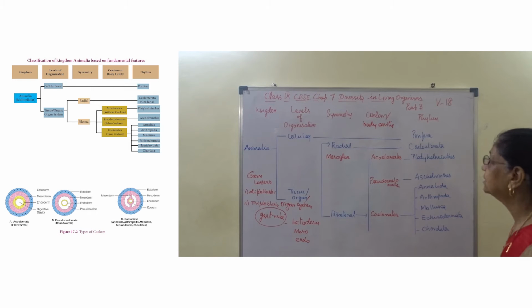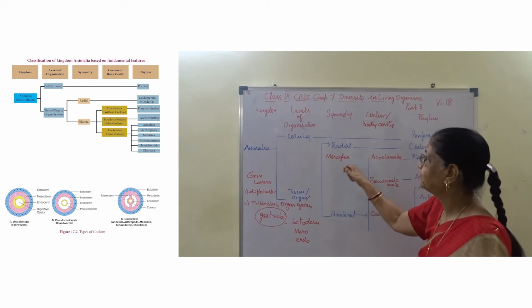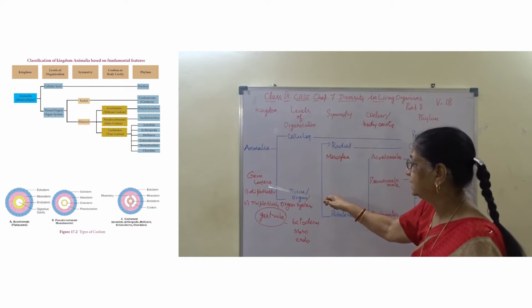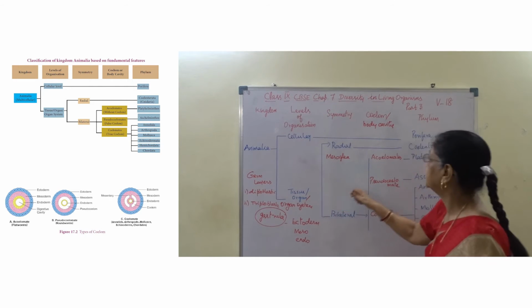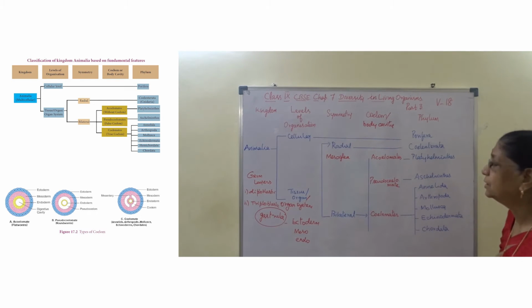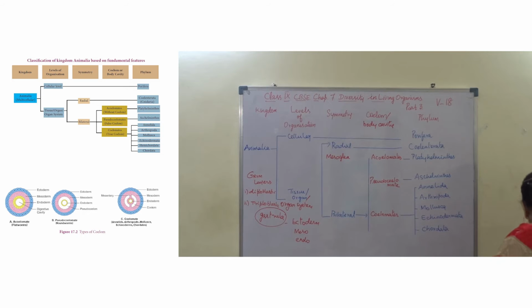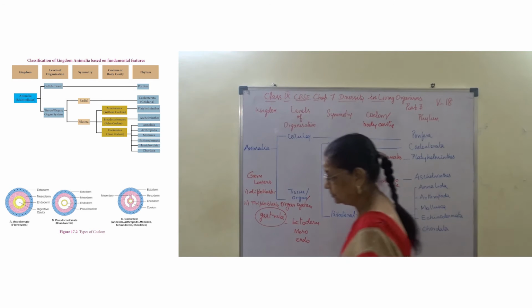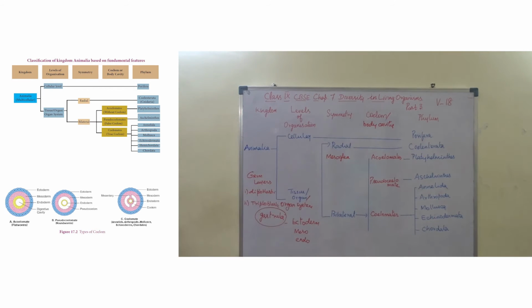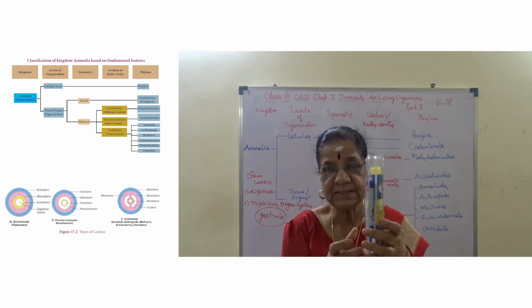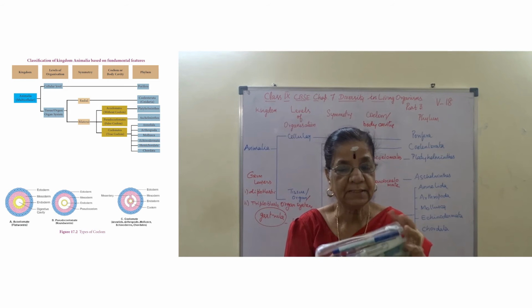Okay. Then fourth one. First, kingdom Animalia, level of organization, then germ layers, and then coelom or body cavity. Now the coelom or body cavity, for example, one minute listen. For example, I am holding an animal. Just assume I am holding an animal.